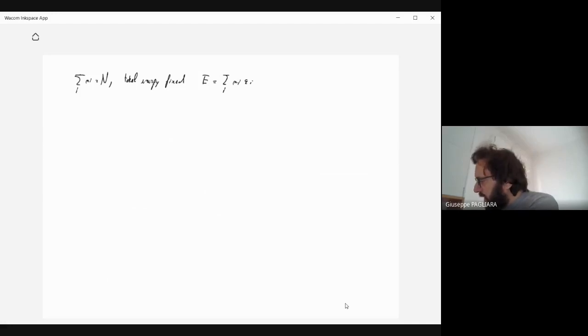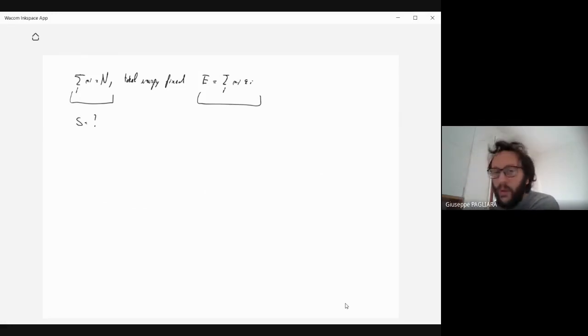So now, what we want to compute is the total entropy, the Boltzmann entropy S. In principle, to compute this entropy, one has to do KB log of the total number of configurations compatible with the constraints.